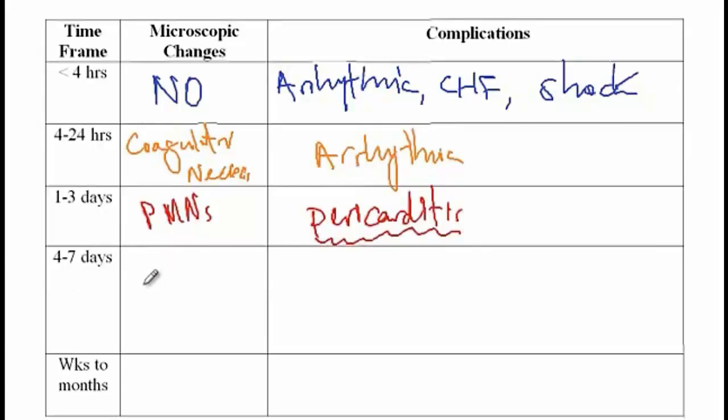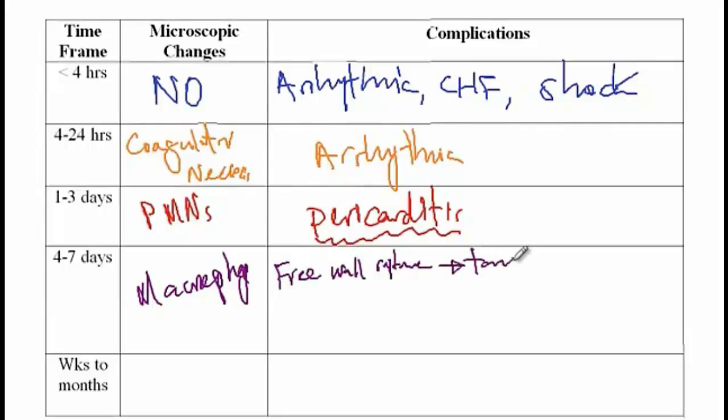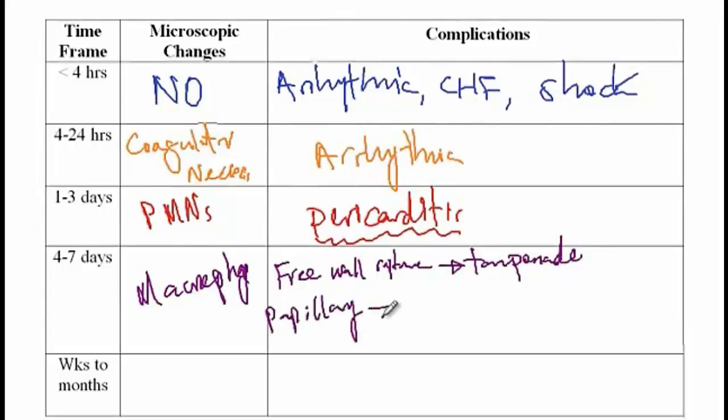Between days 4 to 7, macrophages show up, and what they'll do is that they would destroy the cellular structures, and thus they can cause the free wall rupture, as a consequence of which these patients can present with tamponade. It can also cause the papillary muscle rupture, as a consequence of which they would develop mitral insufficiency.